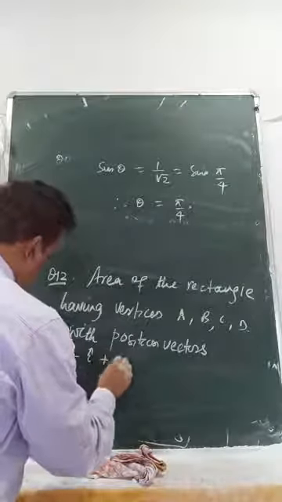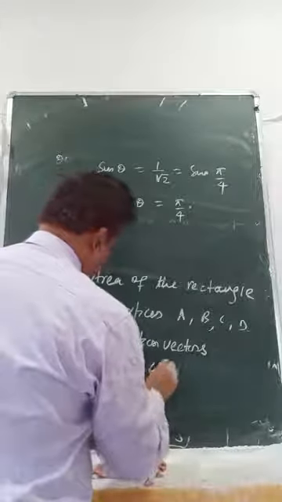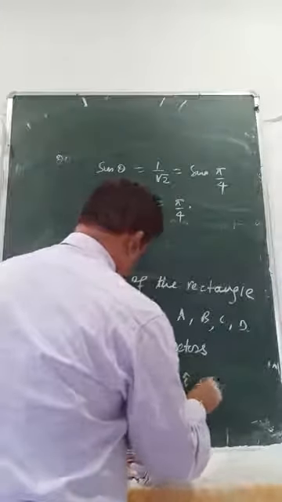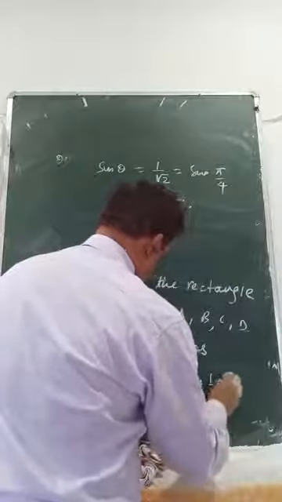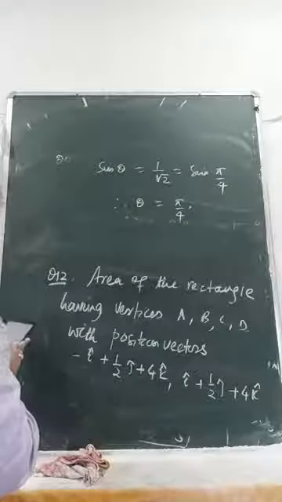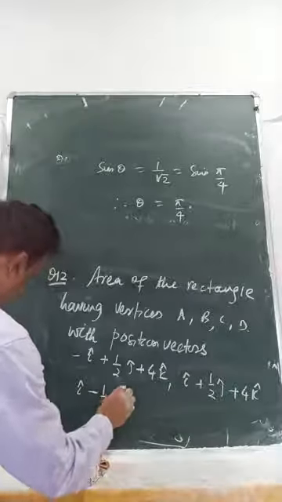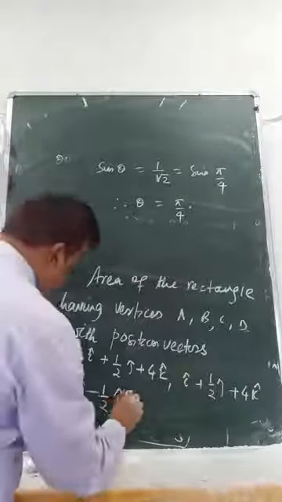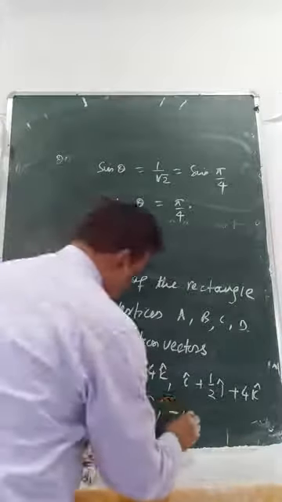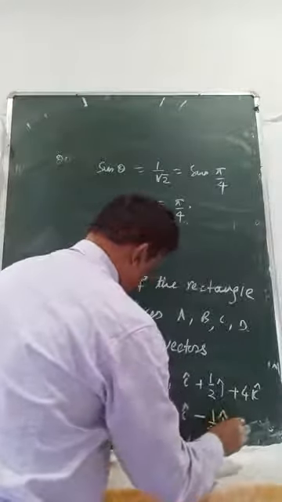Minus i plus half j plus 4k, then i plus half j plus 4k, then i minus half j plus 4k, then minus i minus half j plus 4k.